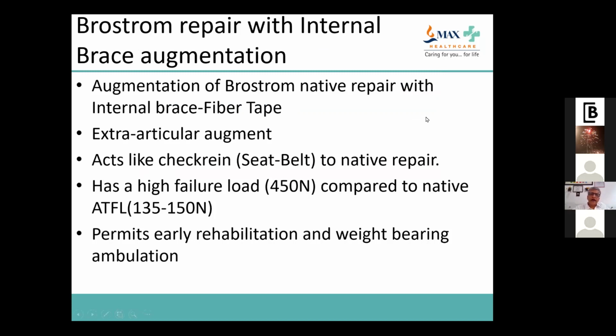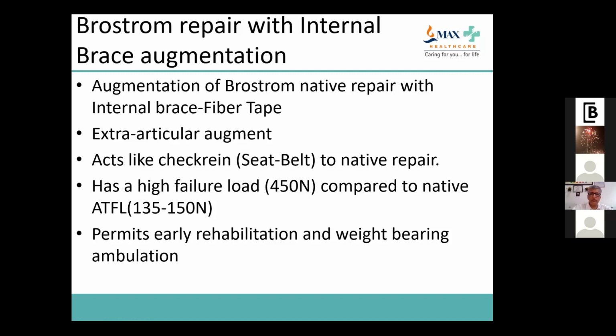After this, we have another method which has come up. Instead of augmenting our repair with only the extensor retinaculum, we add an internal brace fiber tape. This is an extra-articular augment.